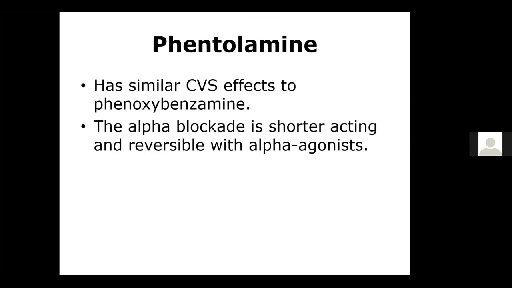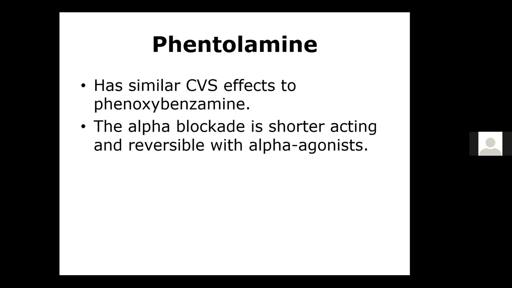Phentolamine is also similar to phenoxybenzamine, but the only difference is that it is reversible. We usually use it in patients who have pheochromocytoma. Pheochromocytoma is a tumor of the adrenal medulla. We remember the adrenal medulla is the one that is producing norepinephrine and epinephrine. So when it's a tumor, it's producing very high amounts of norepinephrine and epinephrine.